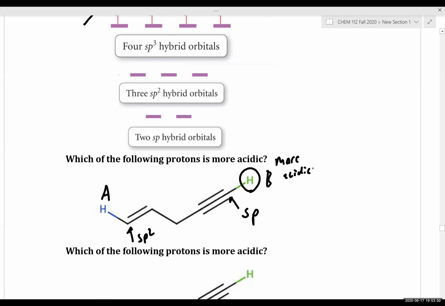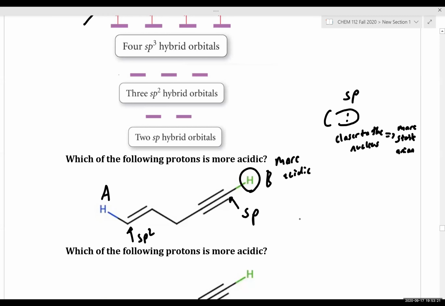The reason for that is that an sp orbital is closer to the nucleus, and in turn, we have a more stable anion.